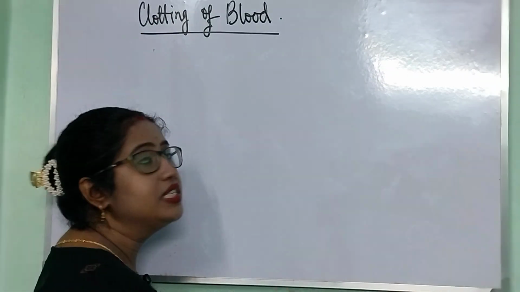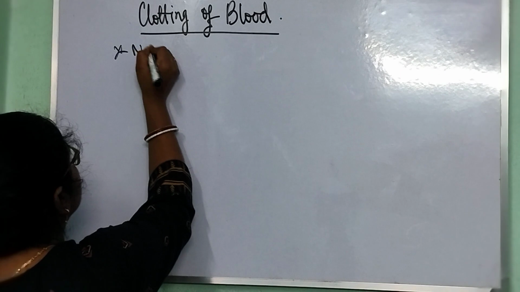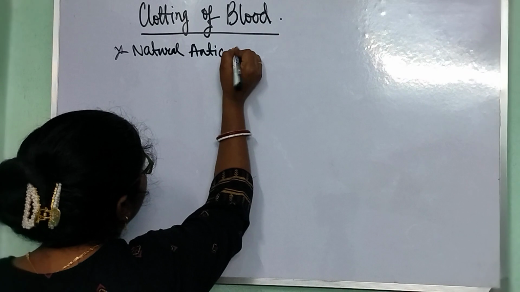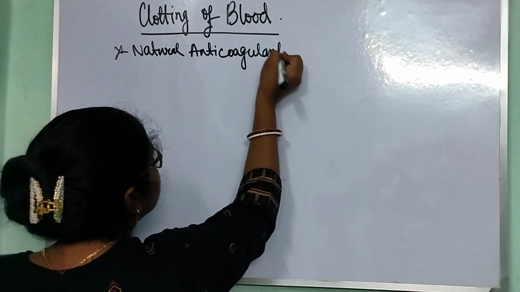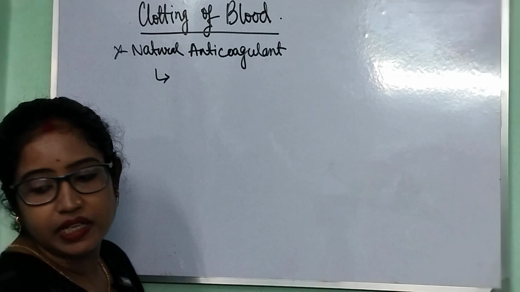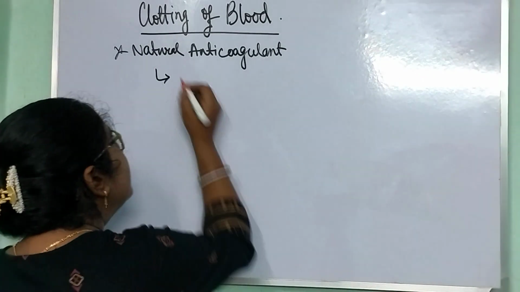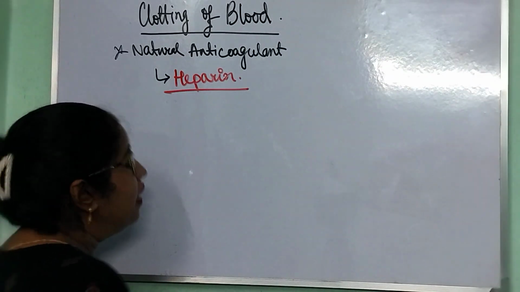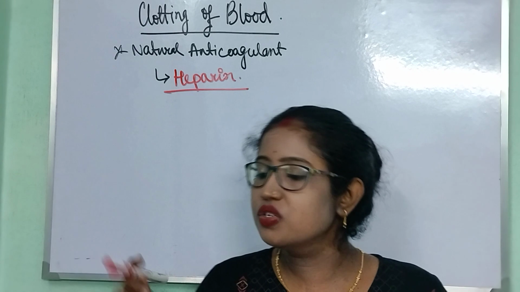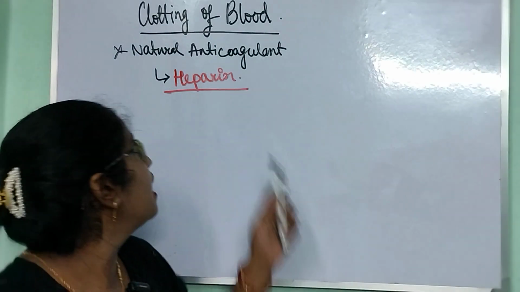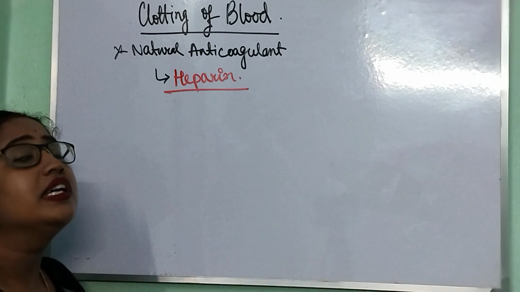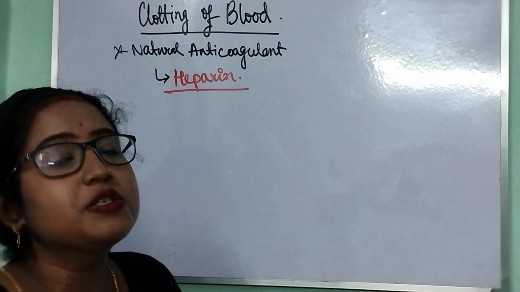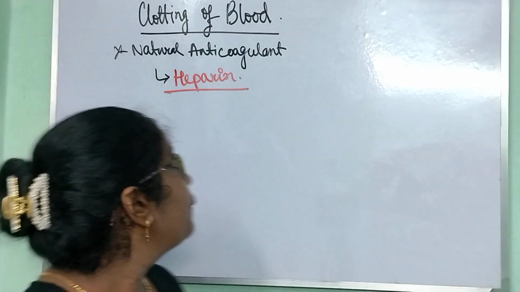The natural anticoagulant present in our blood is known as heparin, or antiprothrombin. This heparin is synthesized by a special type of WBCs.